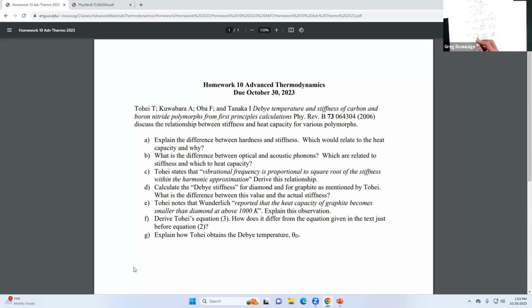That's helpful. All right. This is written for 1D, so you have to multiply by 3. In this text, he says that with acoustic modes, you have 1 longitudinal and 2 transverse.